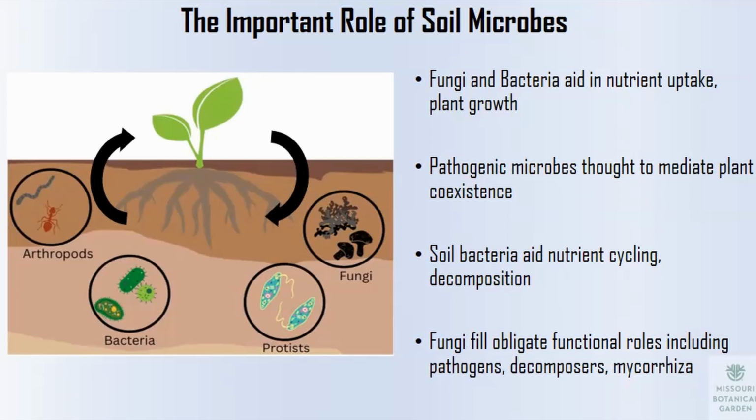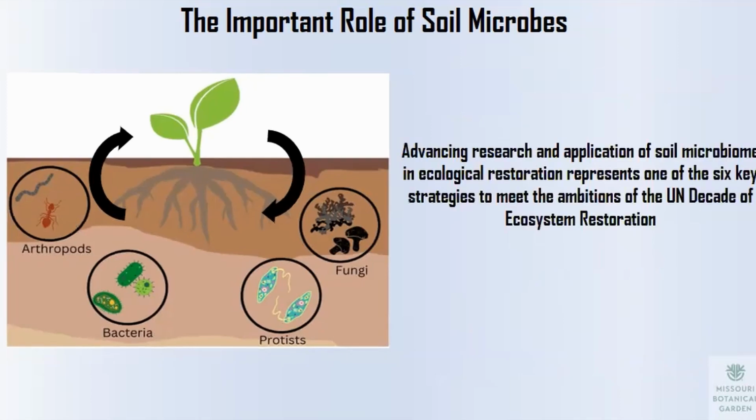Soil bacteria particularly are important for nutrient cycling and decomposition of very important things like nitrogen and carbon, and fungi fill roles from decomposer to pathogens, as well as very important symbiotic mycorrhizae.